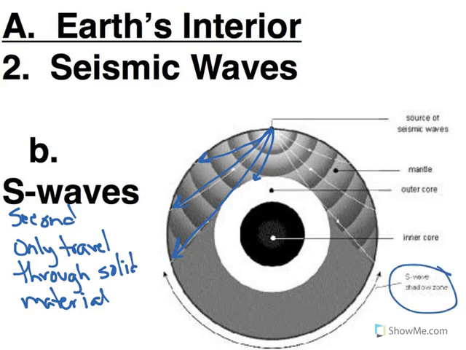So again, you get a shadow zone, but a much, much larger shadow zone because of the fact that it won't travel at all through the liquid material. So this gives us more information about the size of our liquid layers.